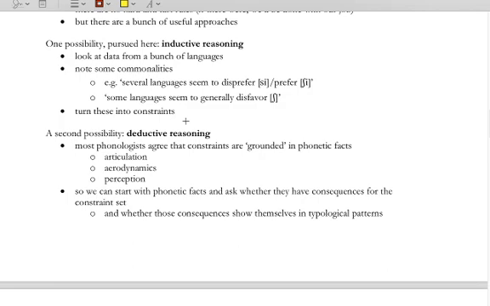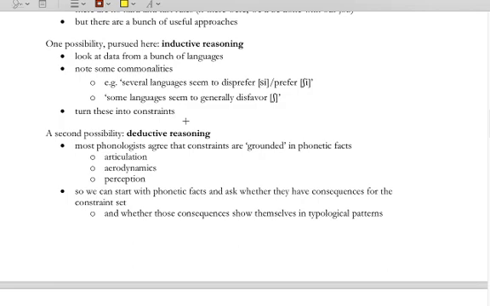Most phonologists agree that whatever constraints or rules we have in the phonology are in some sense grounded in phonetic facts. They might not be fully predictable from the phonetics, but in general, there are principles of articulation, principles of aerodynamics, principles of speech perception that might have some effect on what language-specific grammars look like.